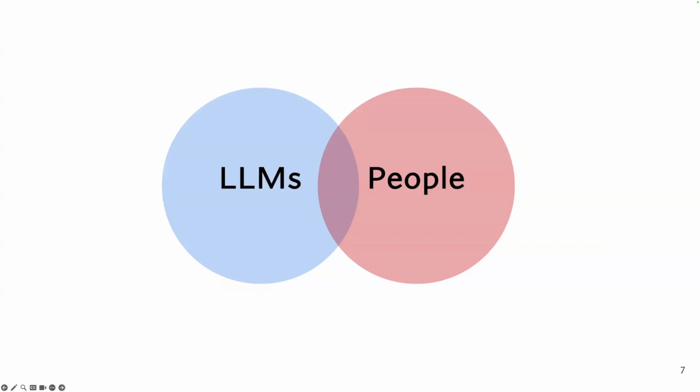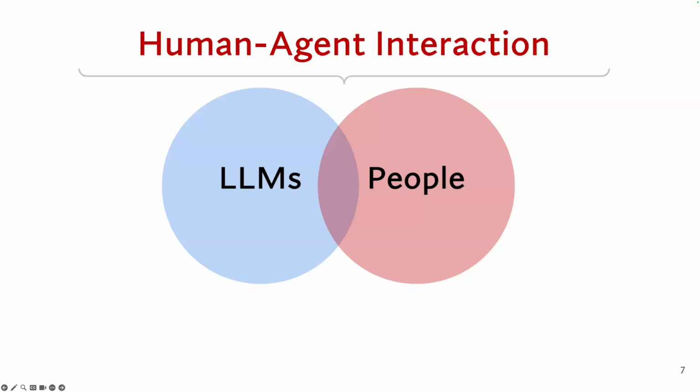When I bring back these two components from my first page, the key question is, when we think about large language models interacting with people in all sorts of ways, we need to understand how such interaction can be facilitated, not only in terms of the modeling part, but also in terms of how people might use them. What would be some societal impact here, and what potential risks and issues might arise?